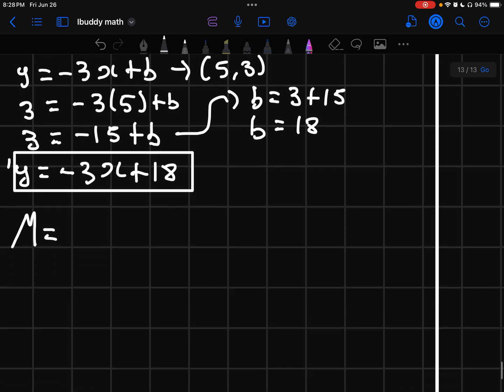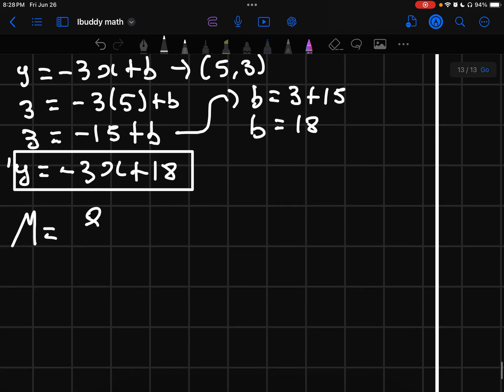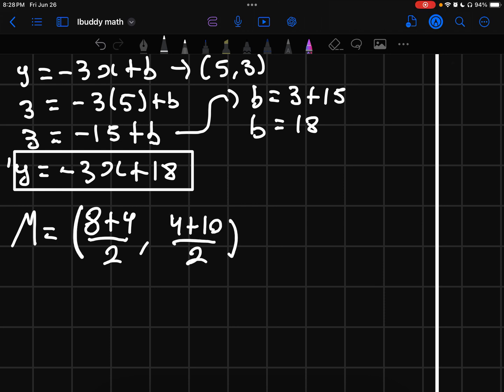So that is 8 plus 4 divided by 2 and then 4 plus 10 divided by 2. And that is equal to 6, 7.